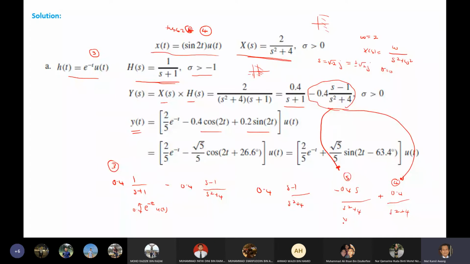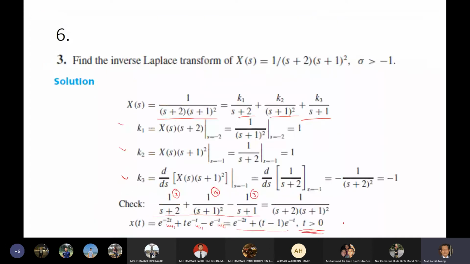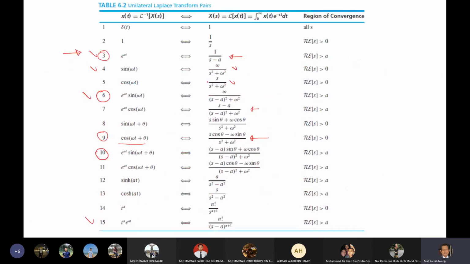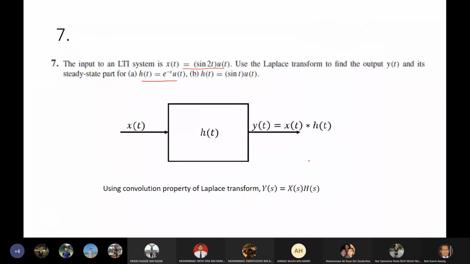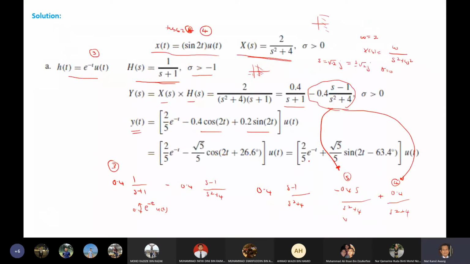The one with s on top is cosine, and the other one is this one. So this one is transformed to this, and this one is transformed to that.